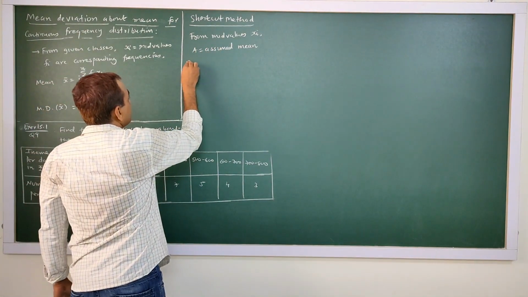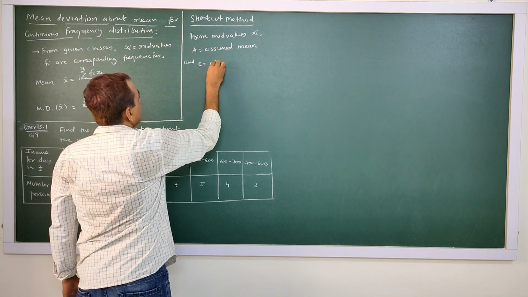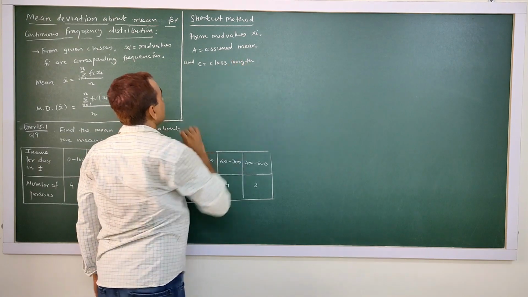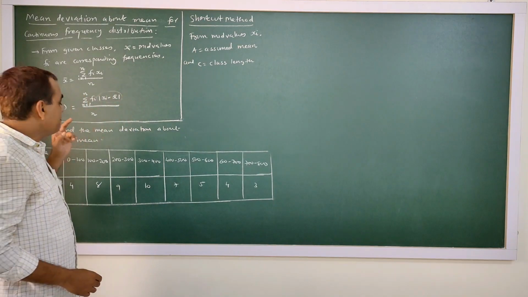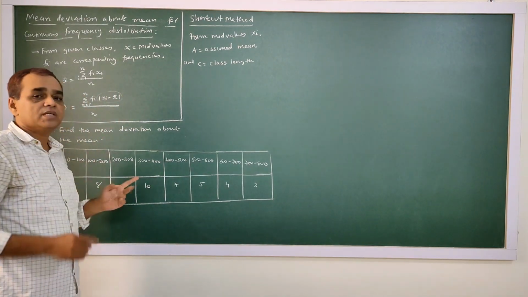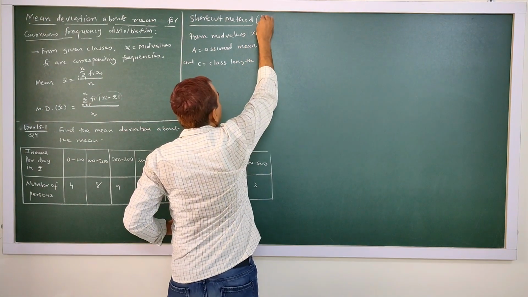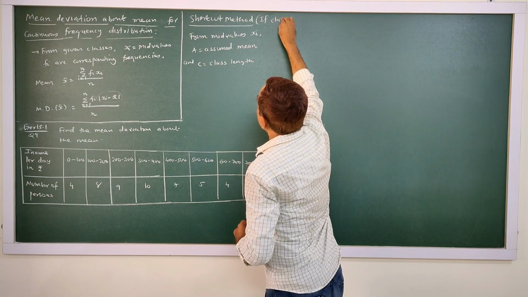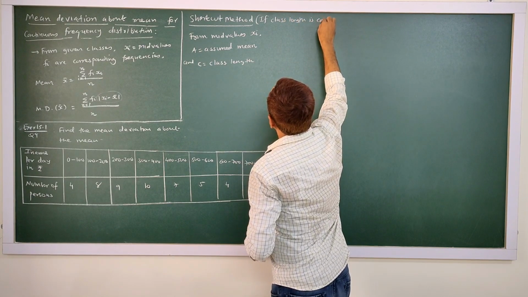Then c is the class length. Here the class length of every class must be the same. The condition is that this method is applicable if class length is constant.